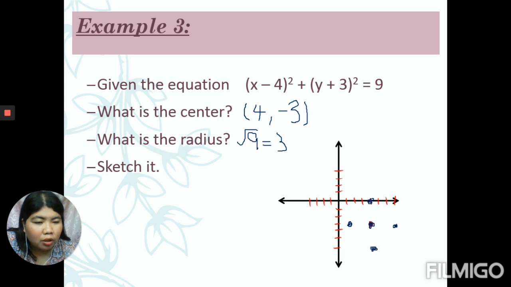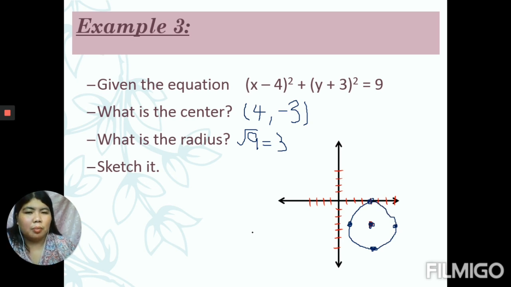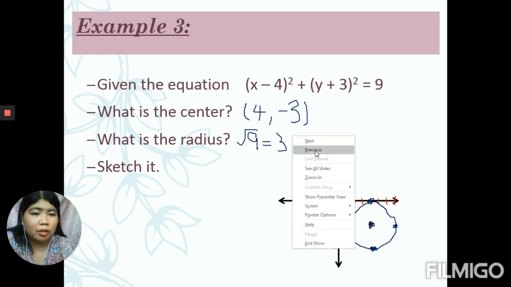So, 3 yung distance. Tapos, i-circle nyo siya. So, ito na yung ating circle na may center na 4, negative 3, at radius na 3. Yan. Next. So, yun yung pag-sketch natin ng circle gamit yung center and radius.